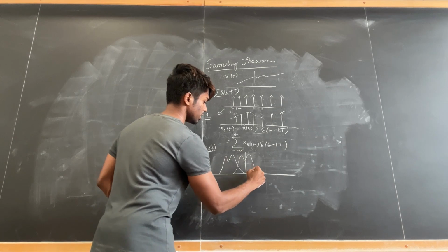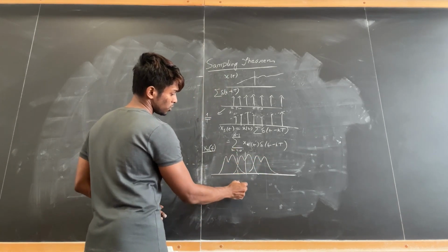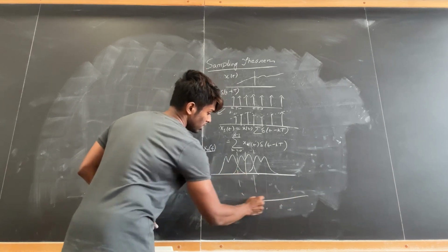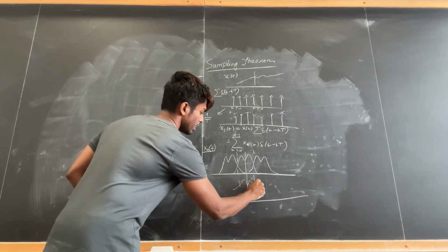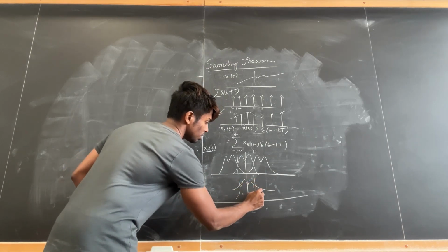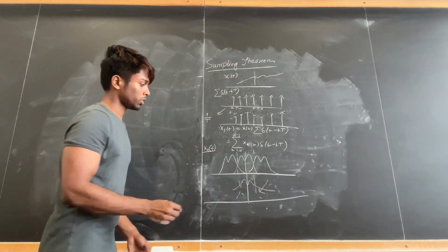So they overlap each other. And if the rate of overlapping is very high, when we pass it through a low pass filter, we get some signal like this, instead of something like this, which was the original case. So this is called the aliasing effect.